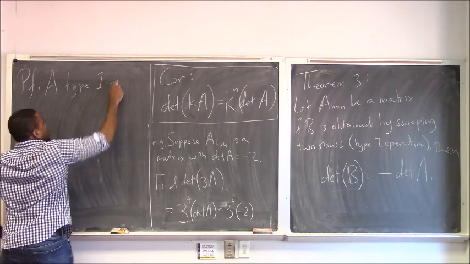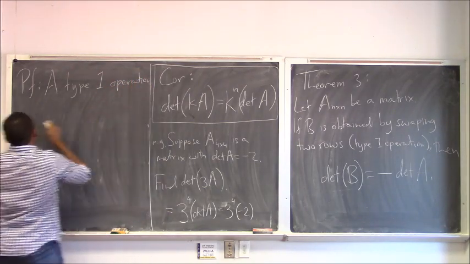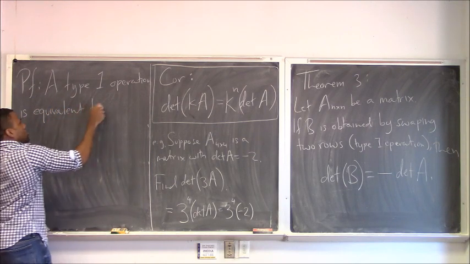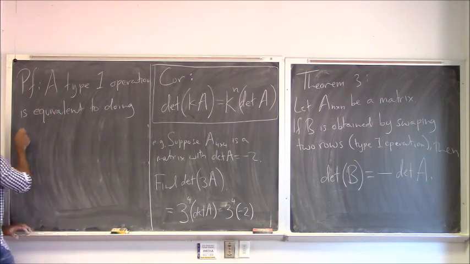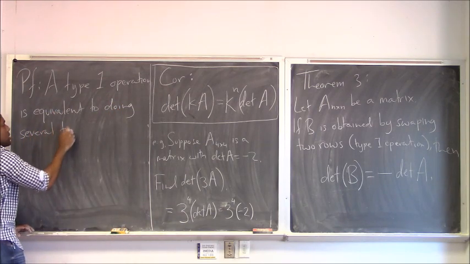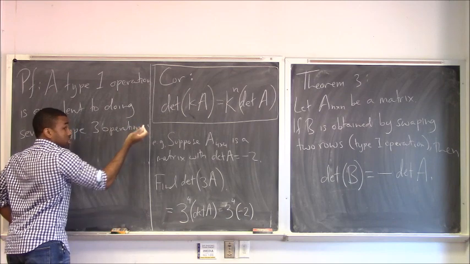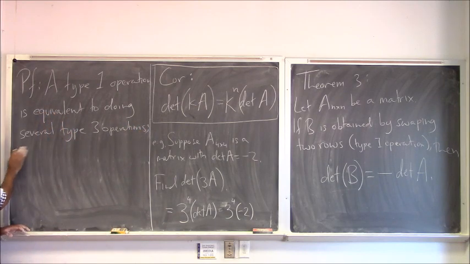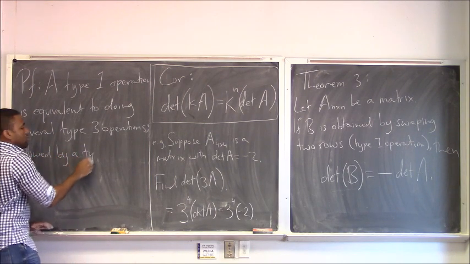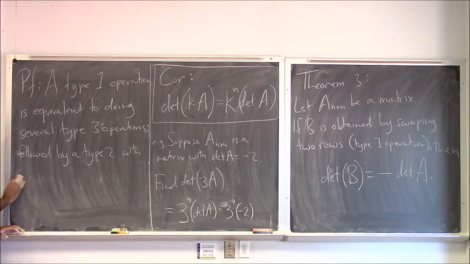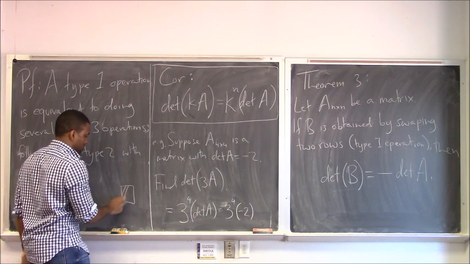A type 1 operation is equivalent to doing several type 3 operations, which is not going to change the determinant, followed by a type 2 with k equals -1.